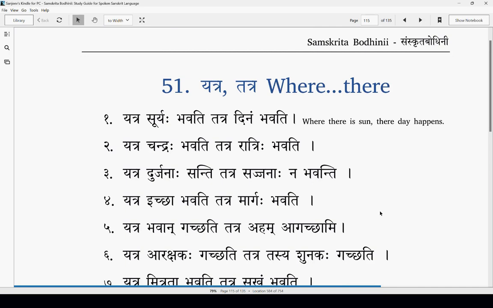Idrusham sanganakam asti, etc. So in these, many of these words, like yaha, yatra, starting with ya, yatra, tatra, kada, kutra, or kim.